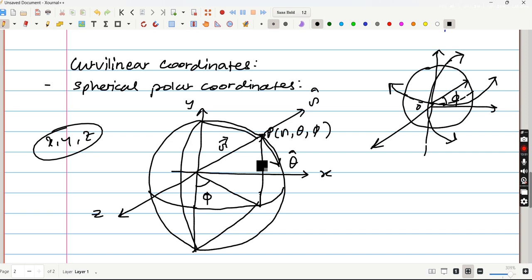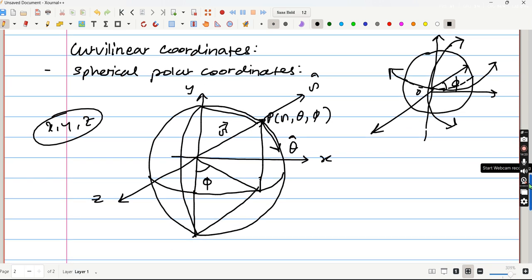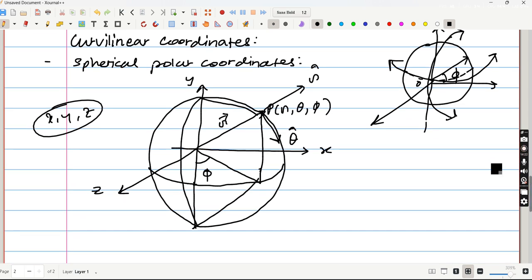It's a very bad picture, but imagine this is the Earth. This is just part of a sphere. So the Earth is opened up, and you see what is going on inside. Okay, so we have a crude diagram here, and this is theta.